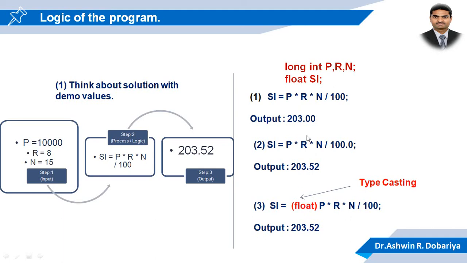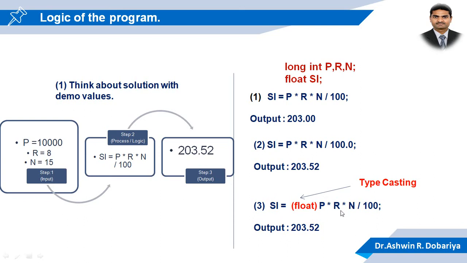But to generate the correct output in float, either we have to make any operand a float, or we can do the explicit typecasting. So typecasting is nothing but a process where the compiler converts from one data type to another data type. So actually what happened over here, PRN is declared as a long integer, but while performing the operations over here, the compiler first converts these long integer values into float.